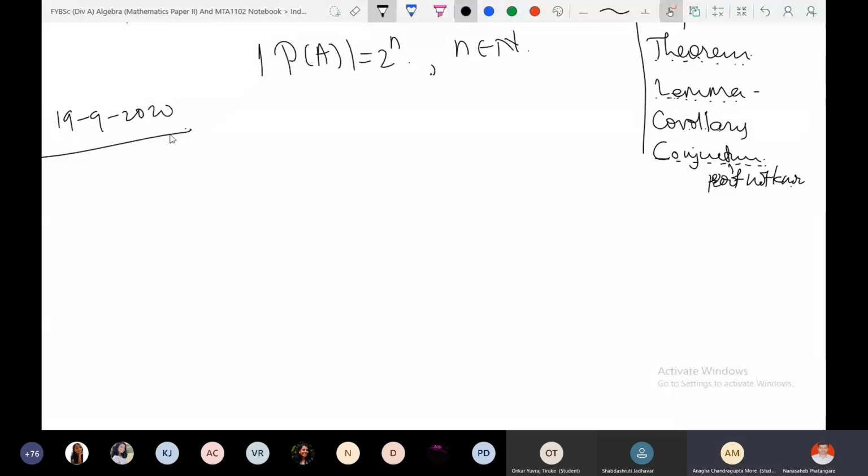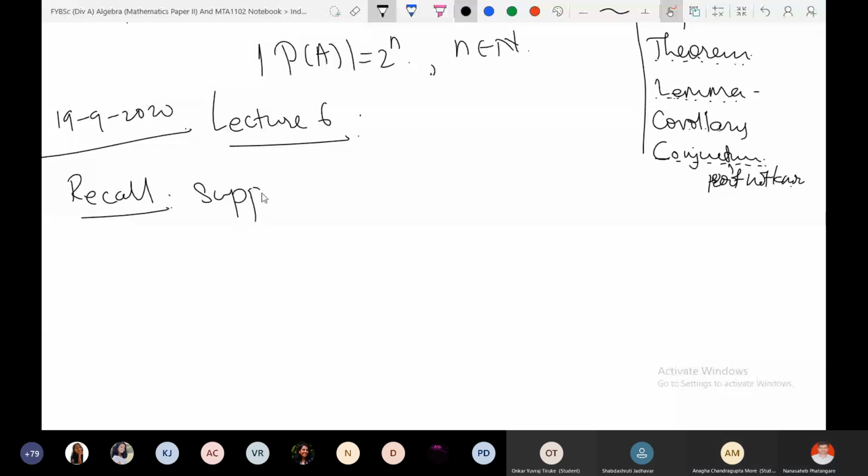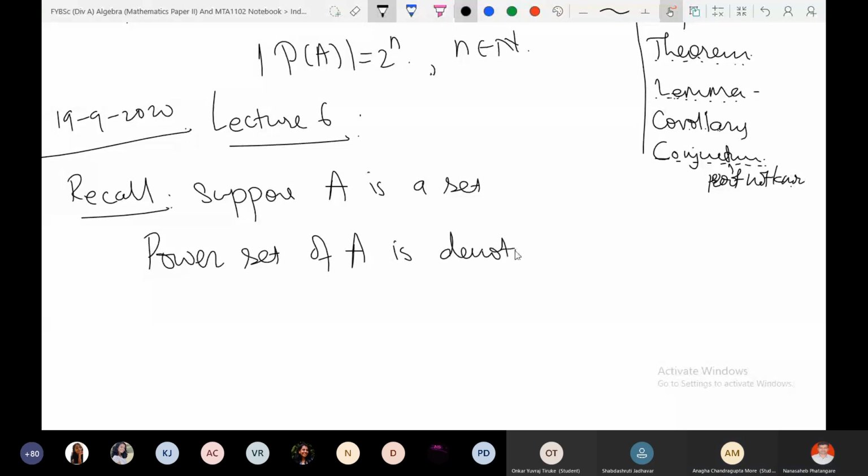Yesterday we defined: suppose A is a set, then the power set of A is denoted by this notation, P(A).